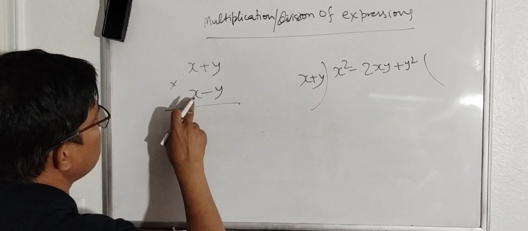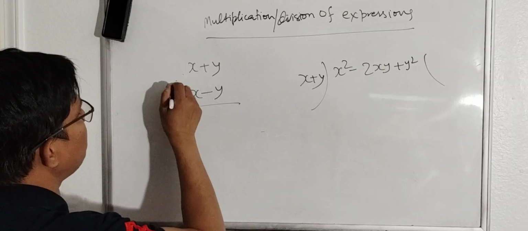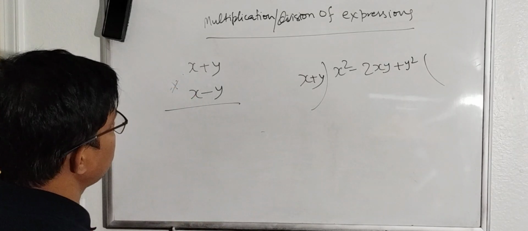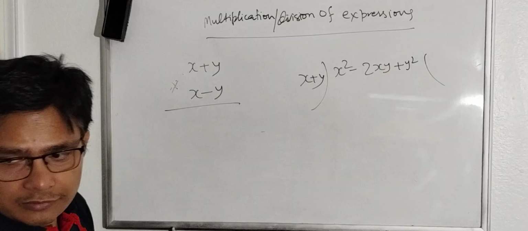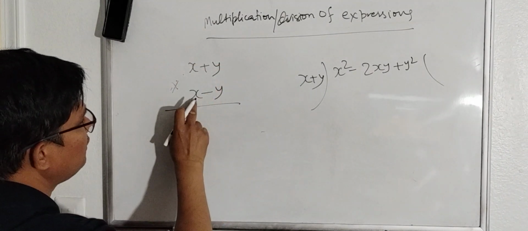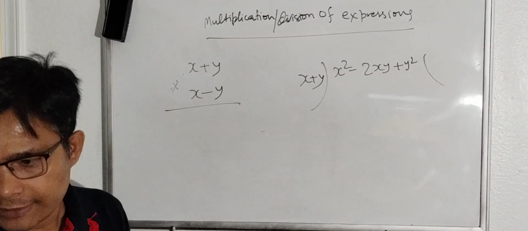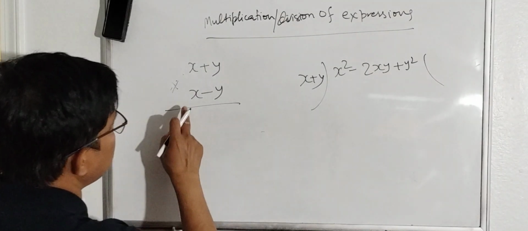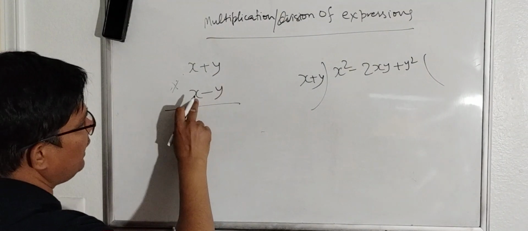If there are two variables in both expressions, what are you going to do? We have to multiply these two terms with these two terms one at a time. Let's multiply this x plus y by x.